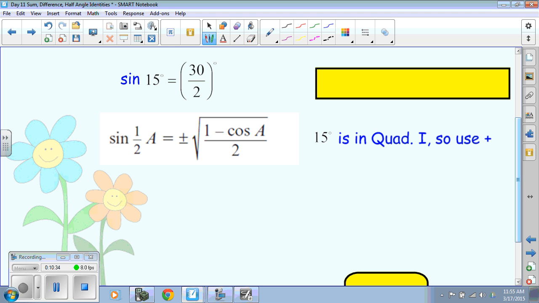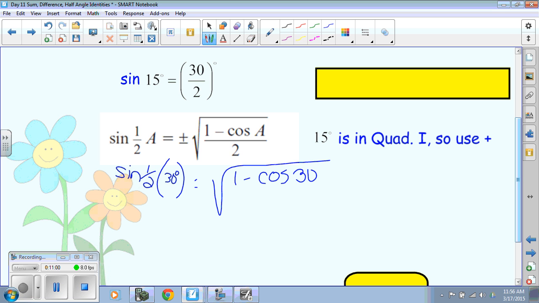So I'm going to set this up. This is sine A over 2, and I'm using A is 30 because I'm using that special right angle. Because I've already indicated we're only using quadrant 1, I'm going to drop my negative, and it's the square root of 1 minus cosine 30 degrees all over 2, because half of 30 gives us 15.